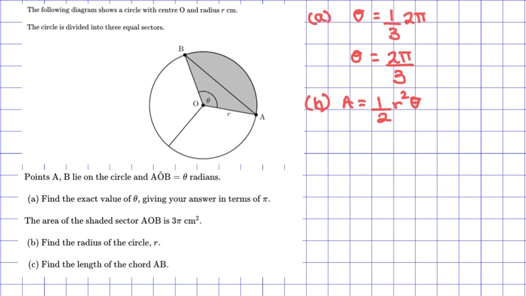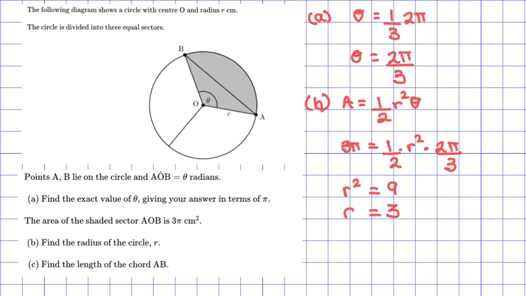So therefore, 3 pi is equal to 1/2 r squared times 2 pi over 3. When you rearrange that, you get r squared is equal to 9, so therefore r is equal to 3.